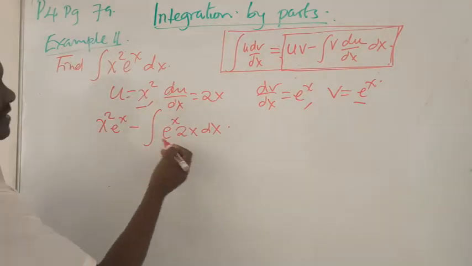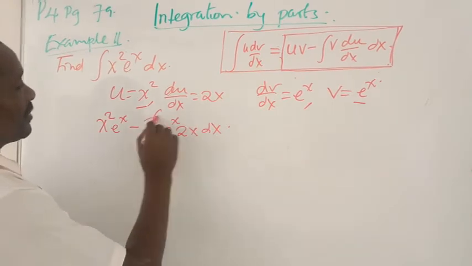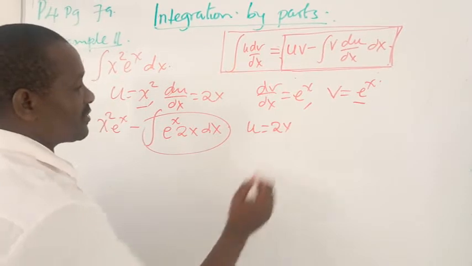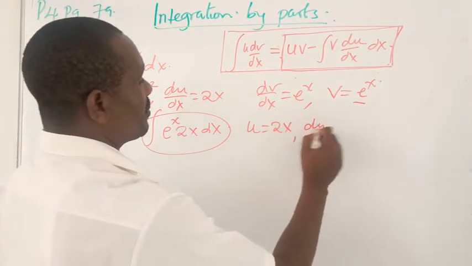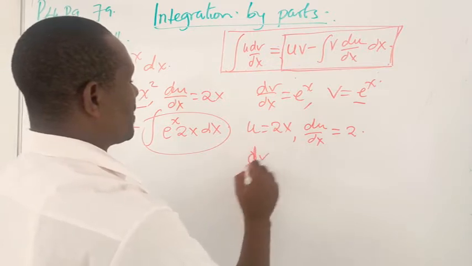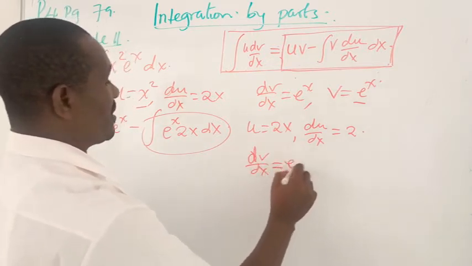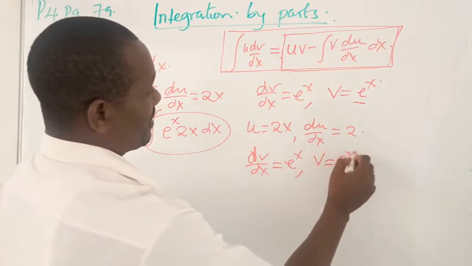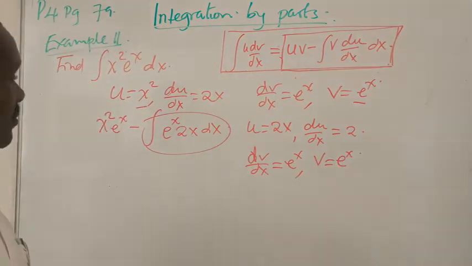And at this point now, dealing with this, then it's going to give us u is equals to 2x, and if that is true, then du dx is going to be 2, and dv dx is going to be e^x, and obviously v becomes the same exponential raised to power x.